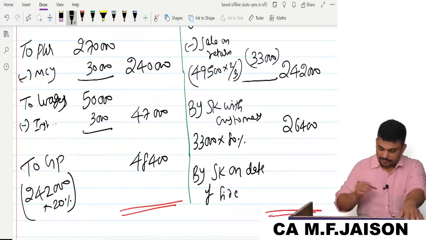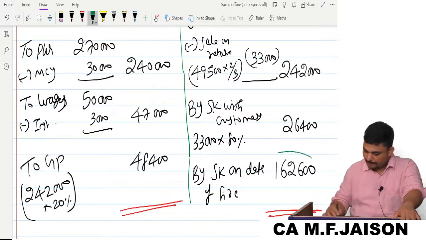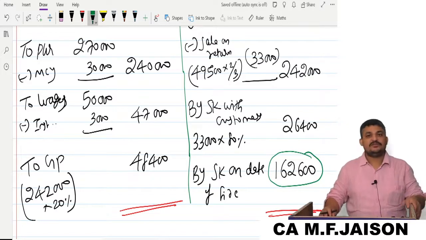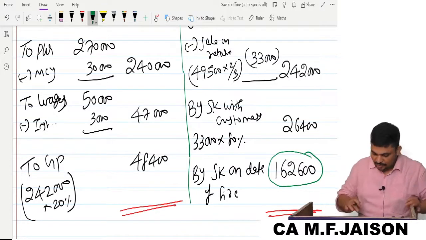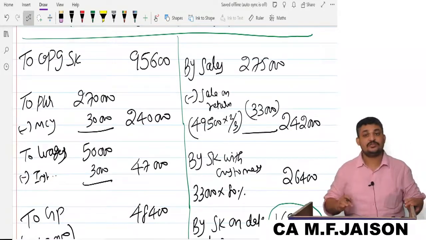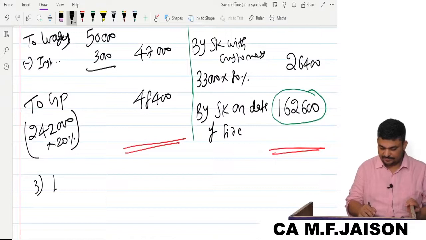How much is that amount? 1,62,600. So we are getting 1,62,600 as the closing balance, my dear friends. This is how we arrive at it. I think we have taken all. Now proceeding to loss of stock.